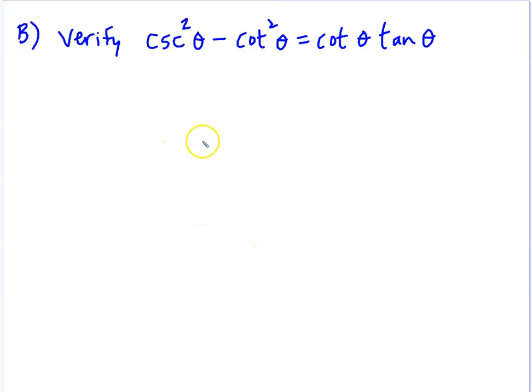So for this one, it's not too bad. Cosecant, you can think of that, thinking about your identity. Remember the identity that says cotangent squared plus 1 equals cosecant squared. Well, since this one's already in terms of cotangent, let's just replace this with cotangent squared theta plus 1. Okay.